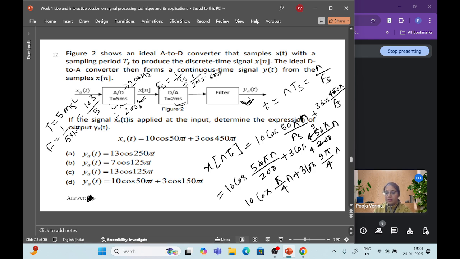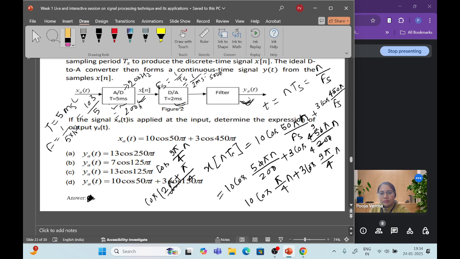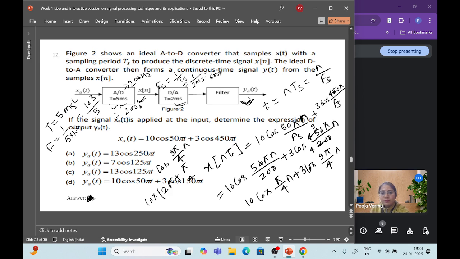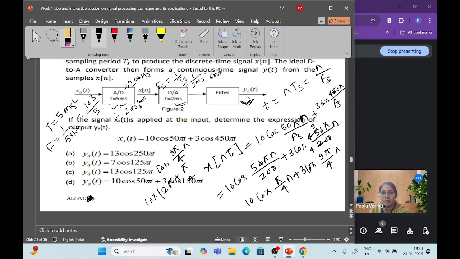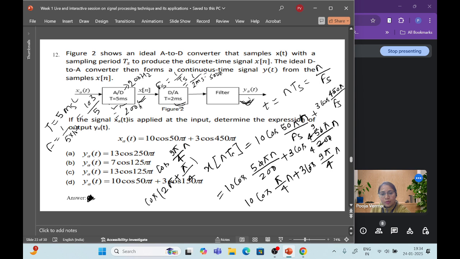Can you write it? 9 pi by 4, we can write like this: 2 pi plus pi by 4, so 8 plus 9.